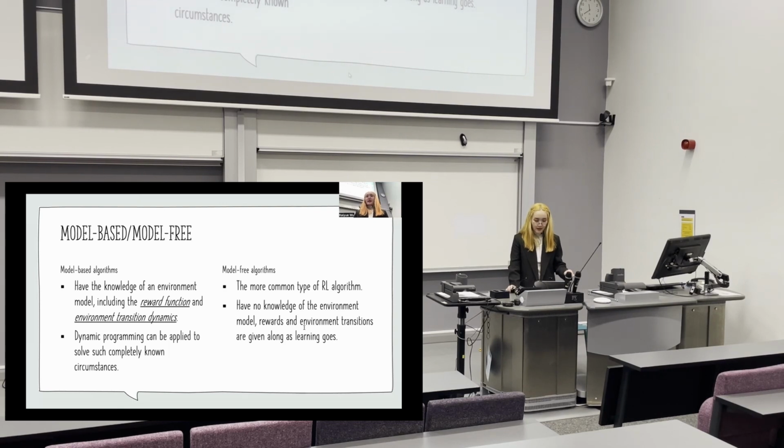Model-based methods are based on the condition that the two pieces of environment information are already known, and then they may apply techniques like dynamic programming to solve the learning problem. However, the other one, which is the model-free algorithms, are the more common type of reinforcement learning algorithms. They work in unknown environments, receive rewards, and perceive environment transitions as learning goals.